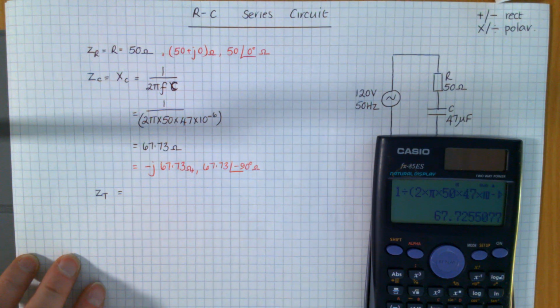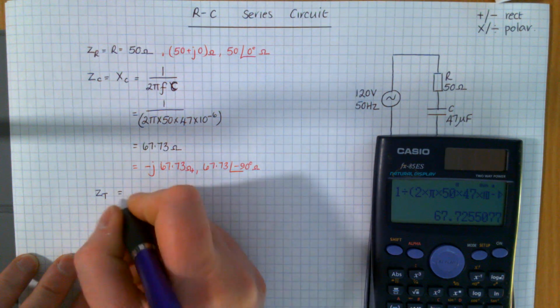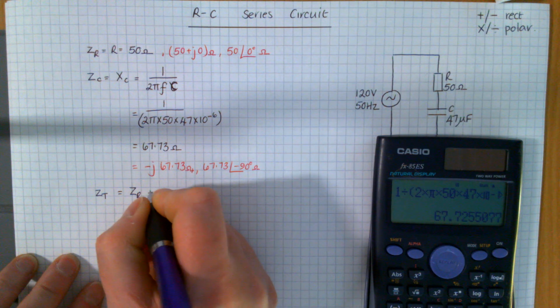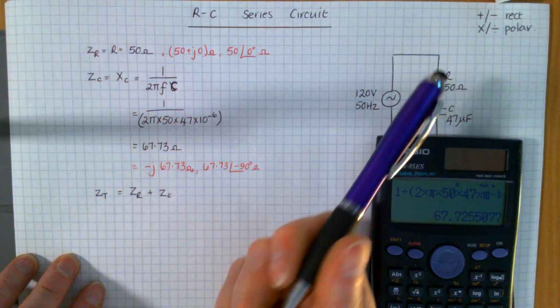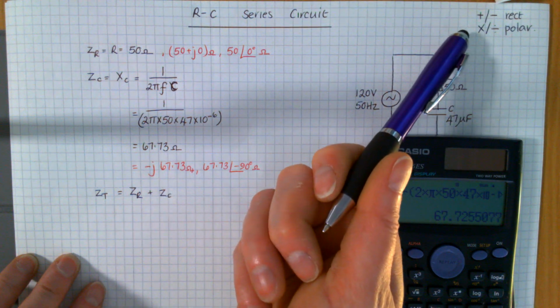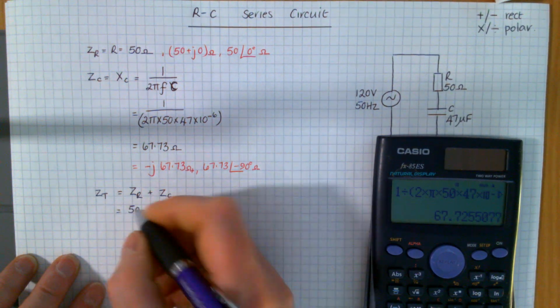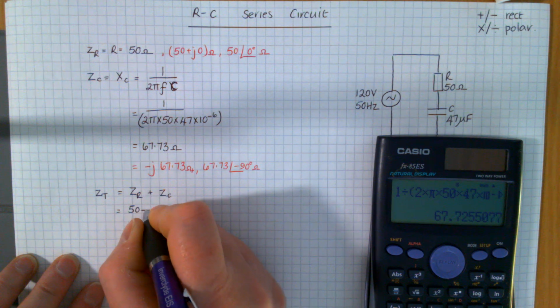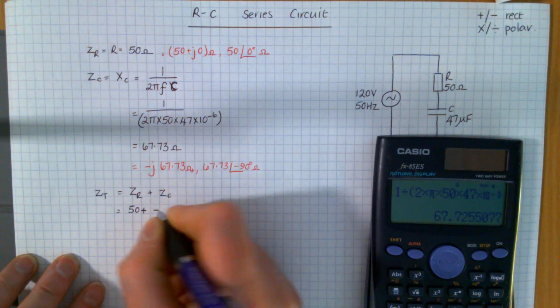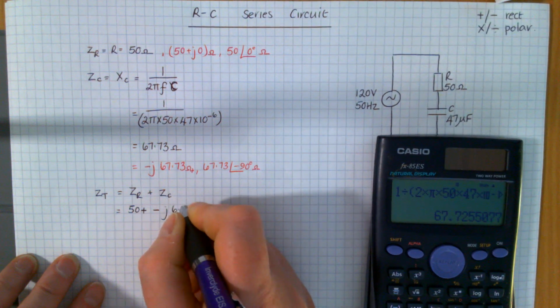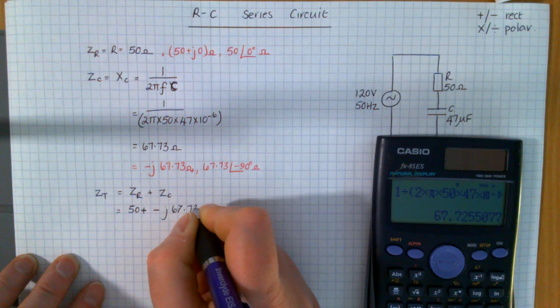So the next thing you would do, same as the last time, is get your total impedance. So your Z total, you're going to add together the impedance of the resistor and the impedance of the capacitor. Because we're going to add them, we're going to do it in rectangular form. So our resistor is 50 plus J0, or just 50, you can leave it as that, and then it's plus minus J 67.73.